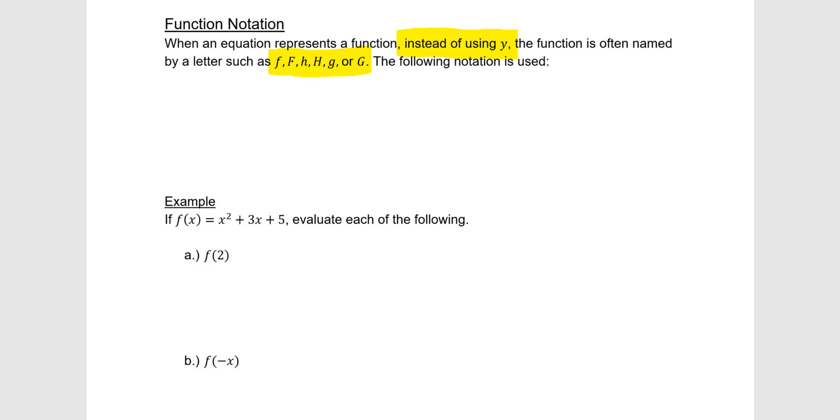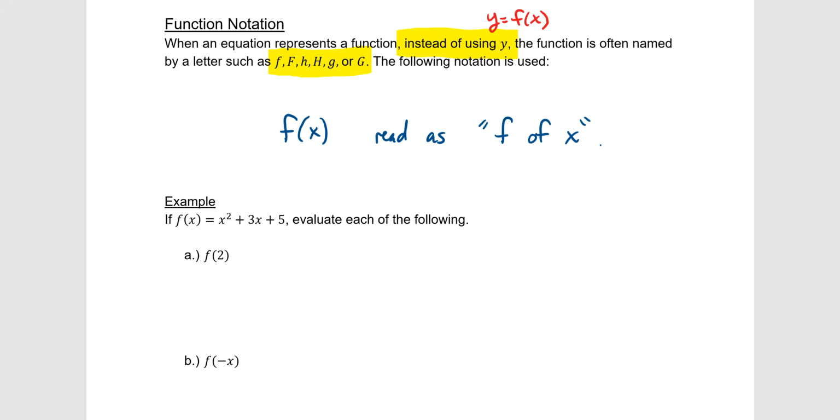So the notation for this is going to be f of x, and we read that just the way I just read it. We read it as f of x, and you can also think of it, and should think of it, as f is a function of x. F is the function where x is the independent variable.